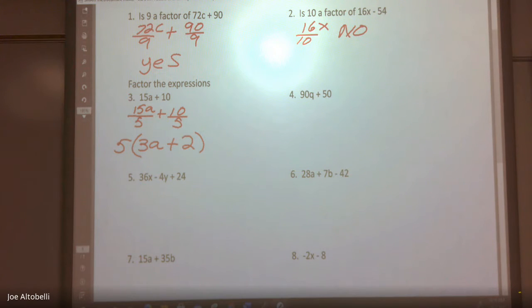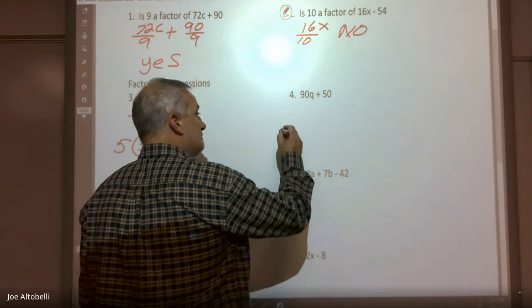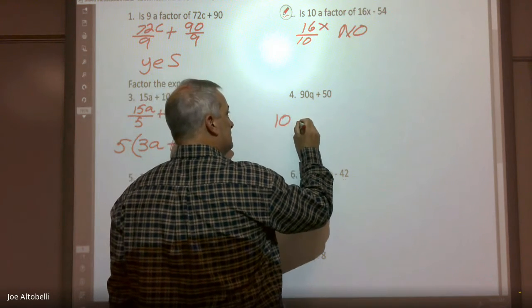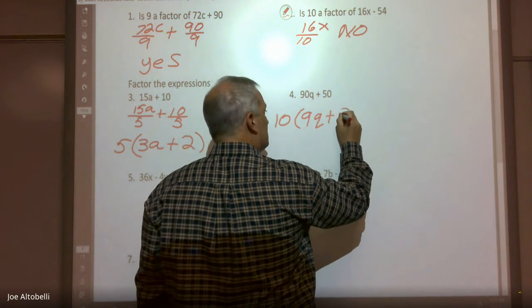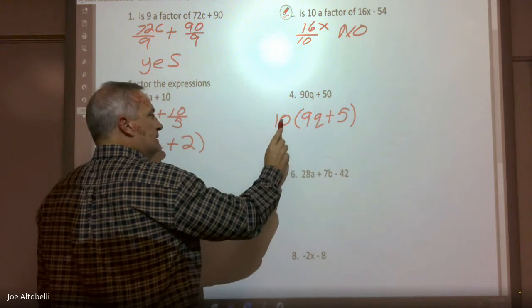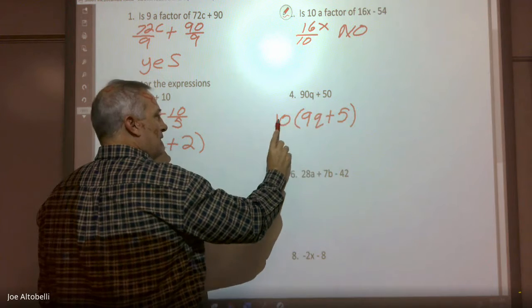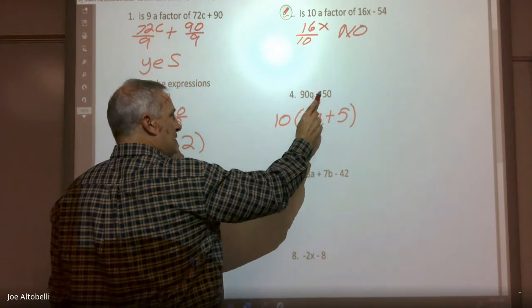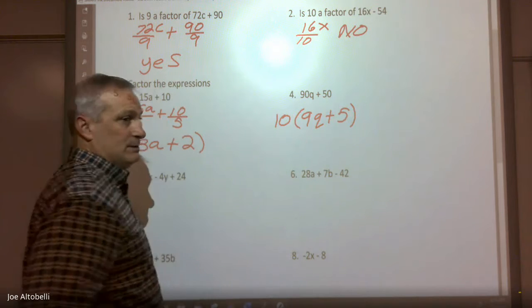See if you can do it right. 10 times 9q will give me 90q, plus 10 times 5 is 50. So I factored a 10 out.